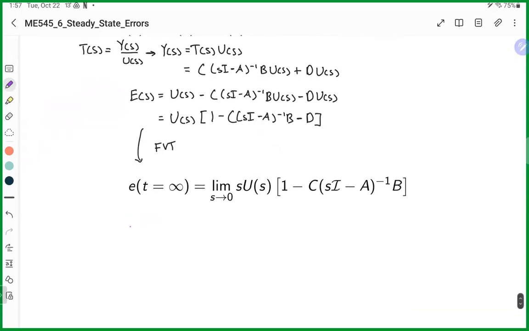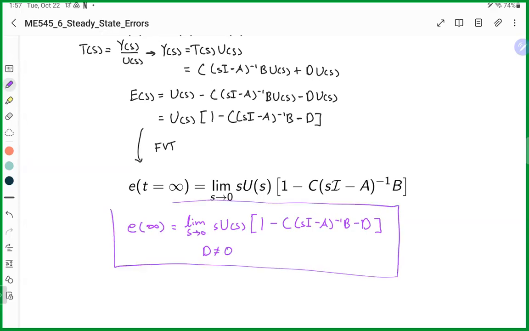So another way of representing it with a non-zero D, we get this: the limit as s goes to 0 of s, U of s multiplied by 1 minus C (sI minus A) inverse times B minus D. And this is for when D is not equal to 0. It's a more generalized form.